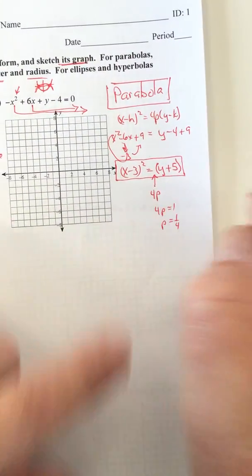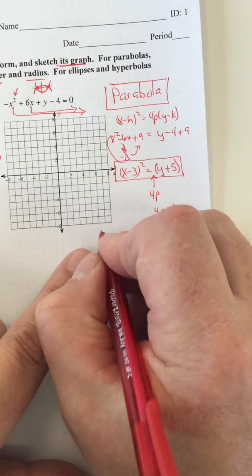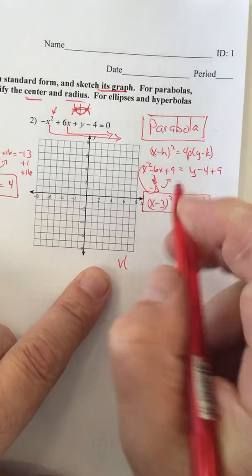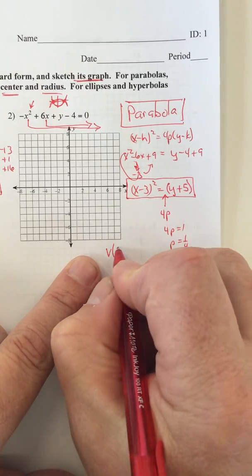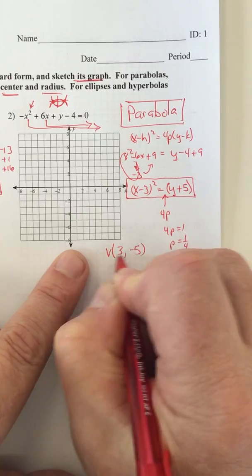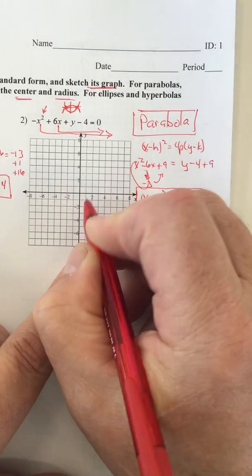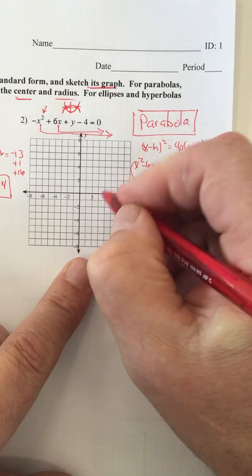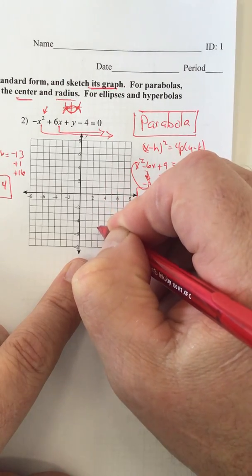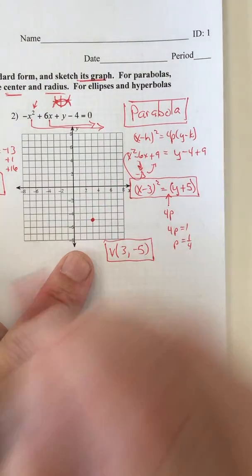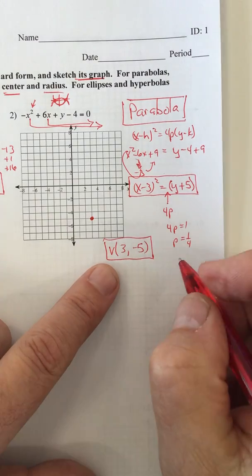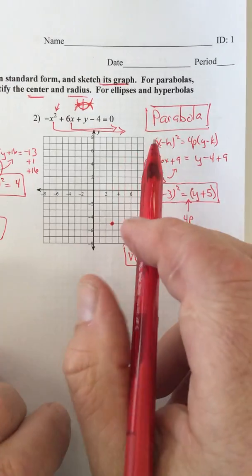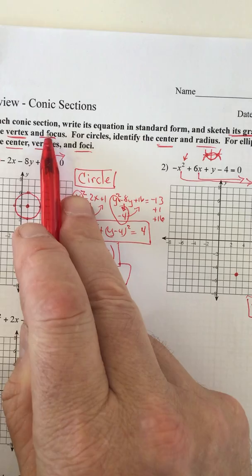Okay, so that means we know what the center is. The center, the vertex here in this case, is +3, -5. So 1, 2, 3, 1, 2, 3, 4, 5. So there's our vertex. We know that, let's see, what do they want us to do for parabolas? The vertex and the focus.